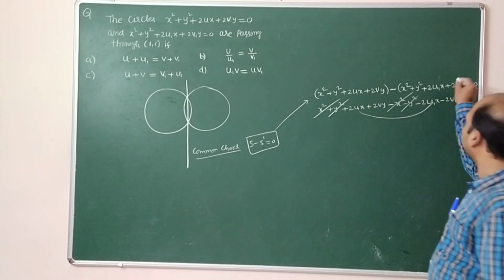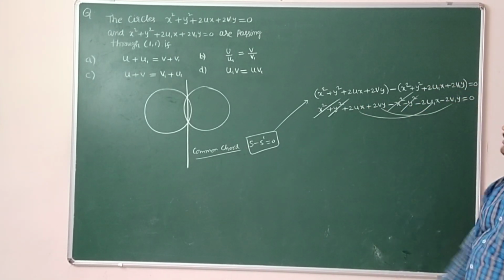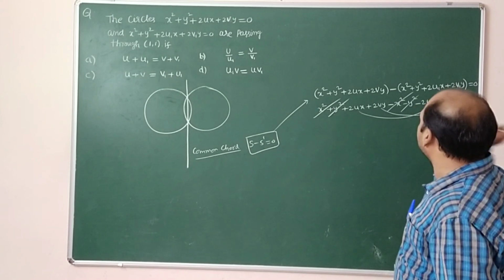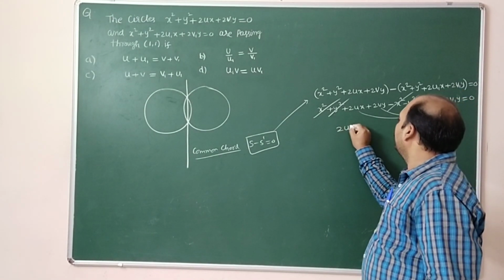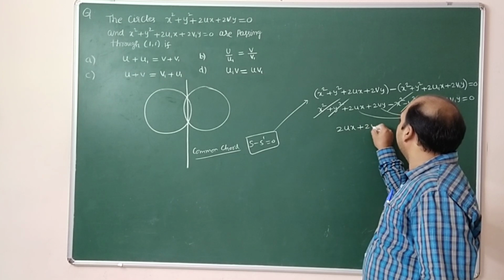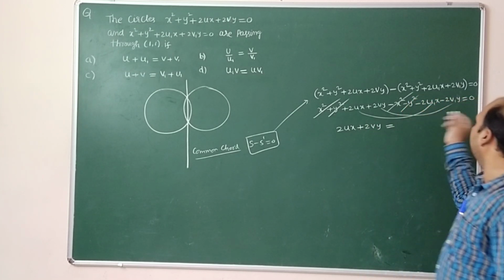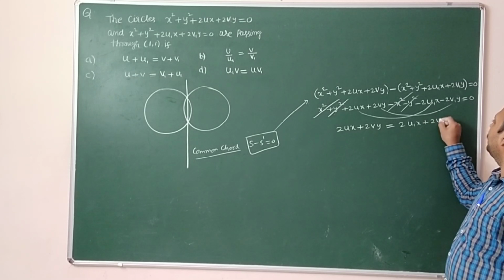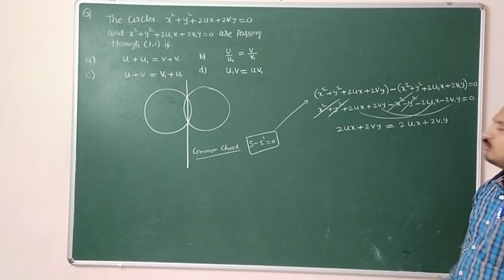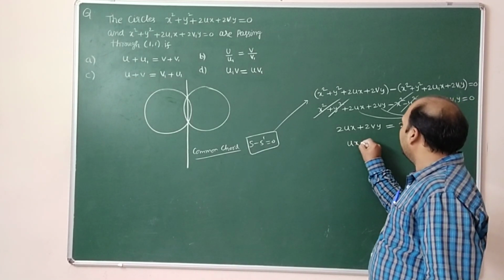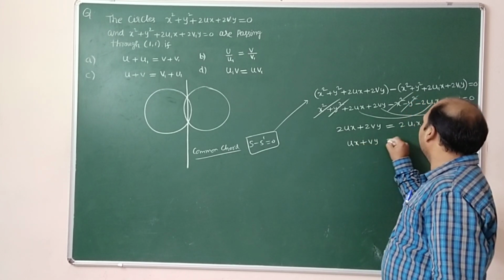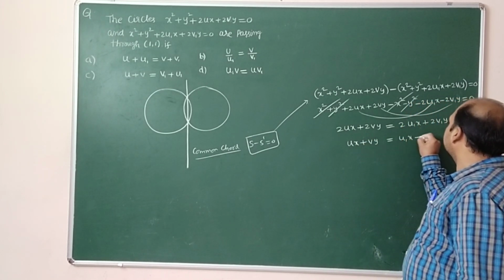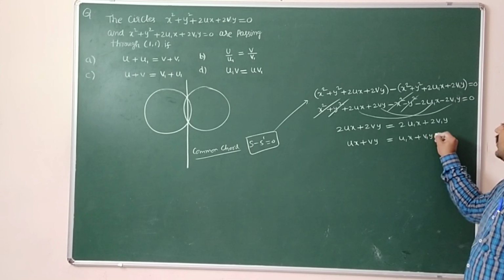Now 2ux + 2vy = 2u1x + 2v1y. Both sides take 2 common and cancel: ux + vy = u1x + v1y.